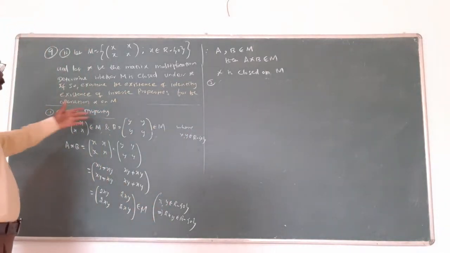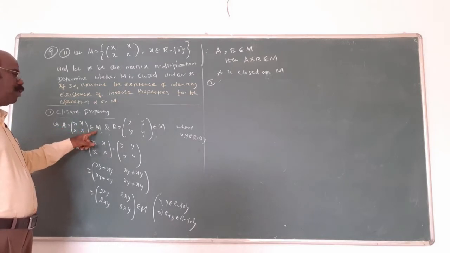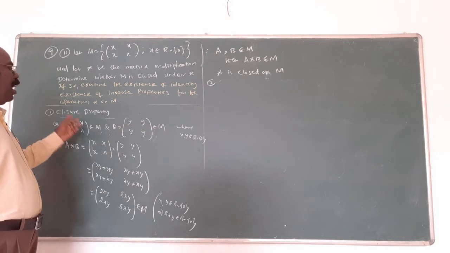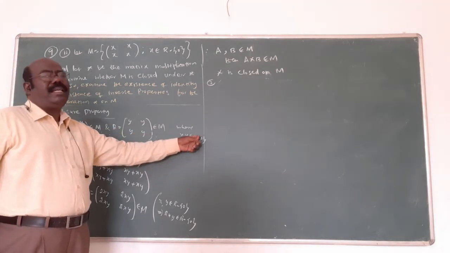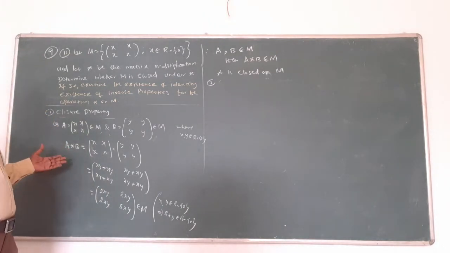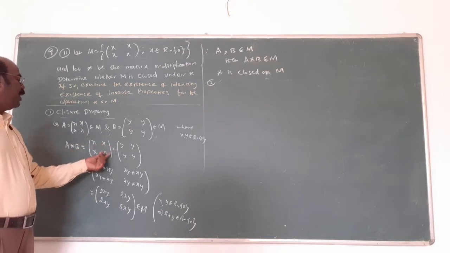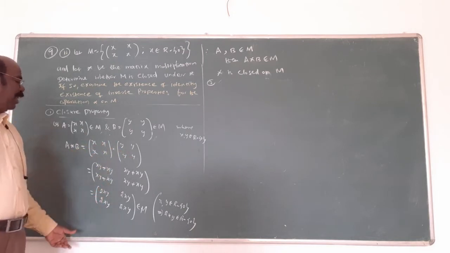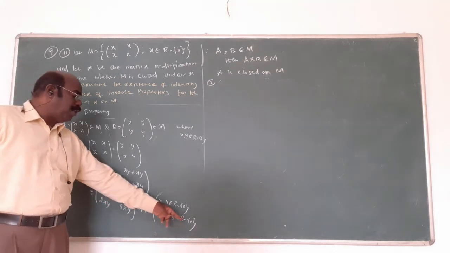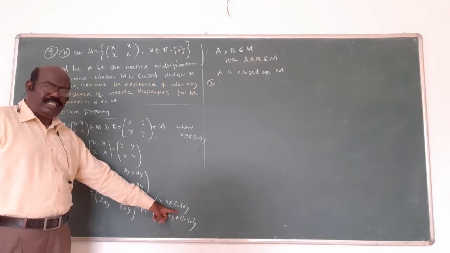Now, closure for the same thing. I want to assume two matrices belong to M, and all elements should be equal, which is important, and the elements are from R except 0. Now I want to start with A star B. A star B means A into B, that is the first matrix times the second matrix. Now multiply, we get the answer. All elements are equal, and that element also belongs to R except 0. What is the reason? X comma Y not equal to 0, that is the meaning of R except 0.